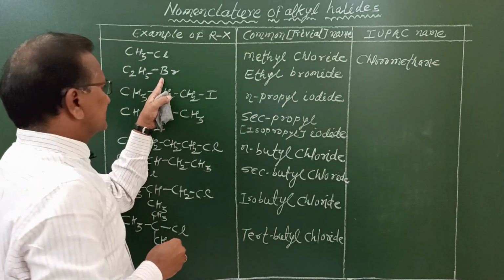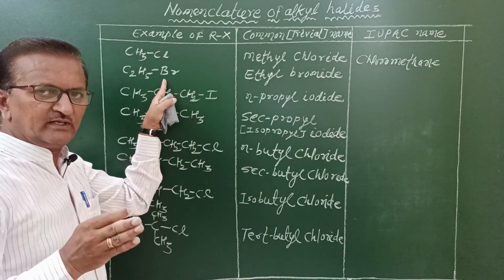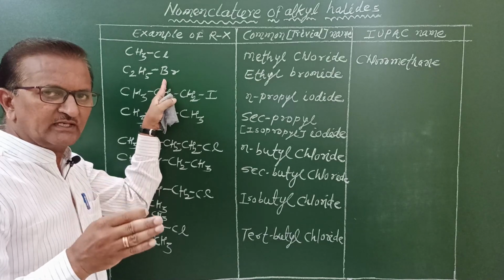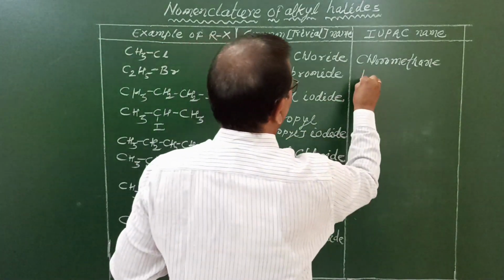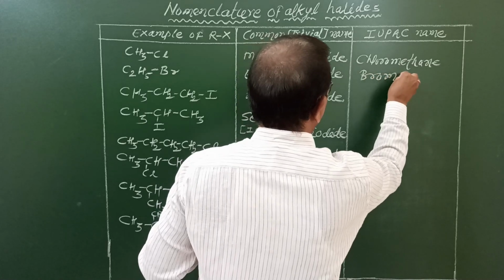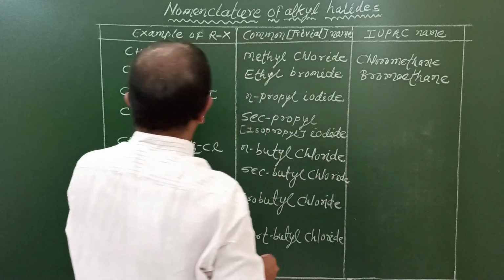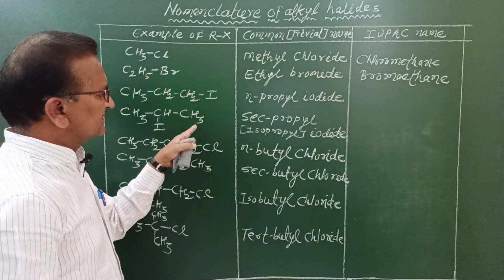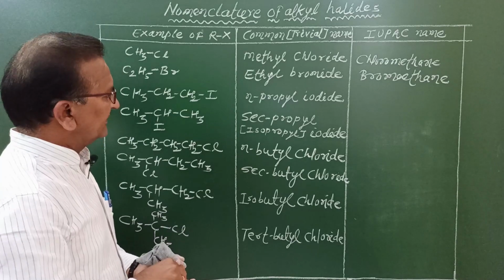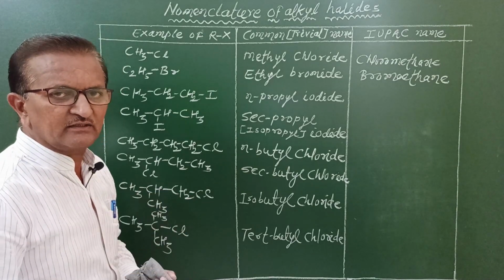Now in this second example, the halogen atom is bromine, and that's why we have to introduce the name of the bromine atom as bromoethane. What about the next? From this, carbon atoms are numbered from one end to the other end.